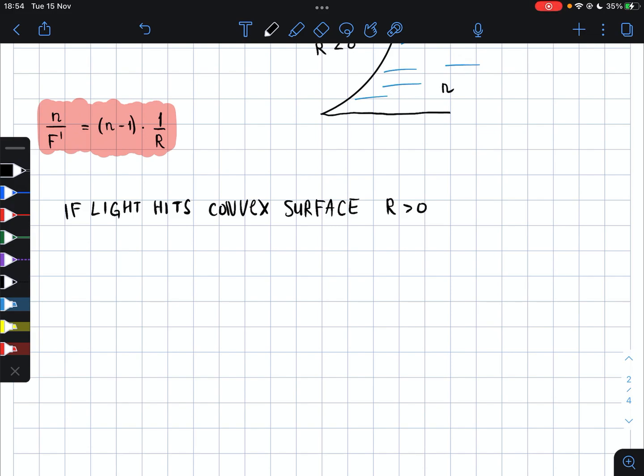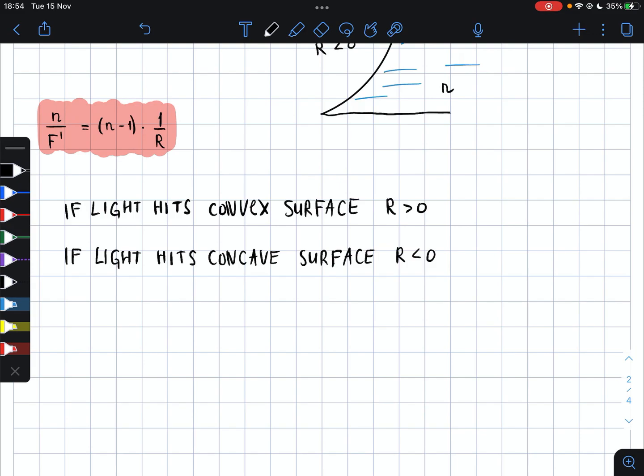Okay, R will be bigger than 0. If light or a beam of light or ray hits a concave surface, our radius of the curvature R will be a negative number, or just less than 0.